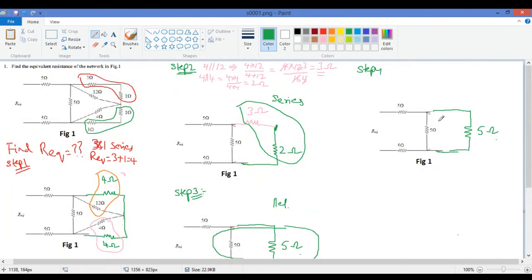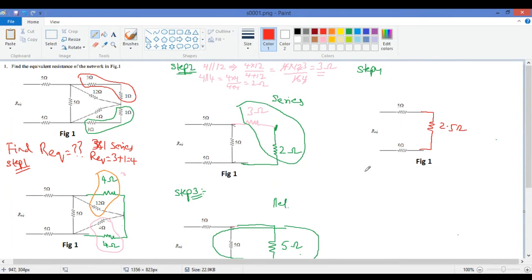Okay, so it means I have to cut this, and I get this circuit, which is 2.5 ohms.